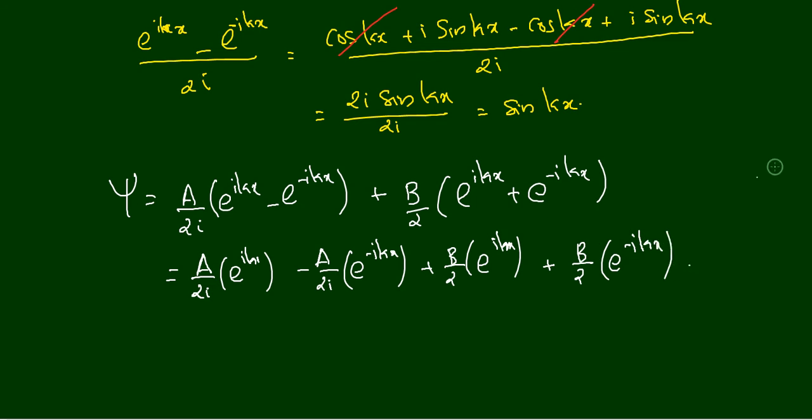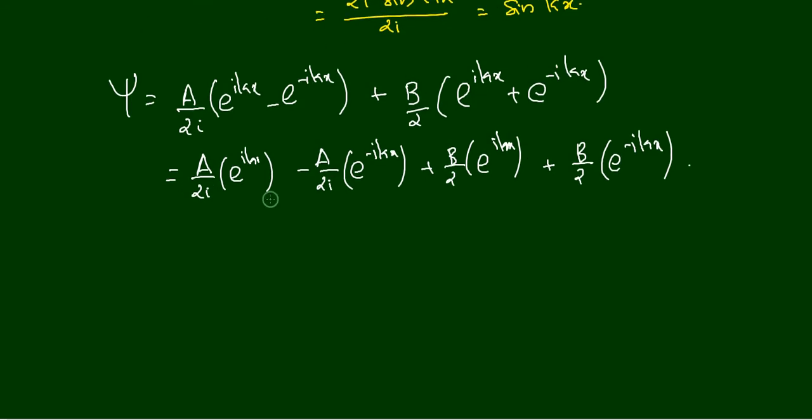Now we have e raised to ikx and e raised to minus ikx terms. So let me put e raised to ikx terms together and e raised to minus ikx terms together.